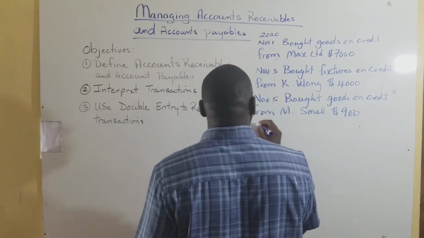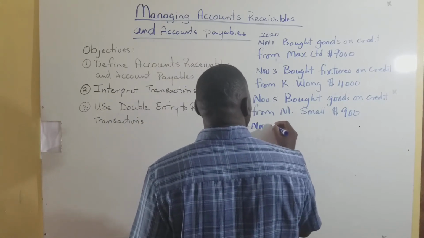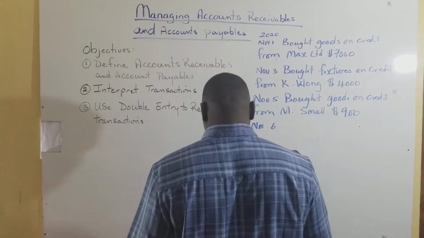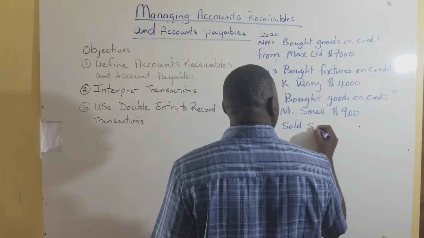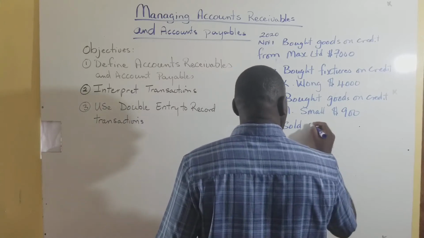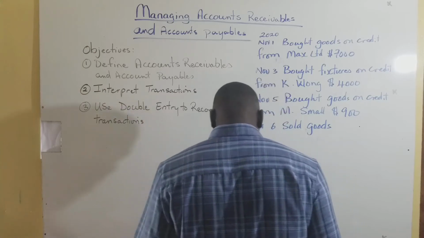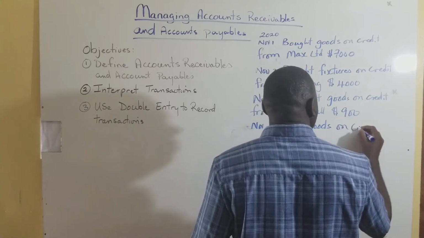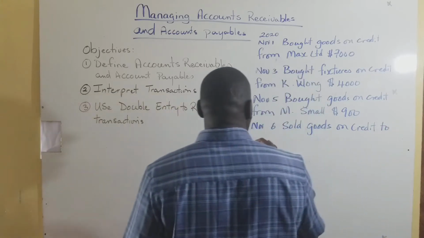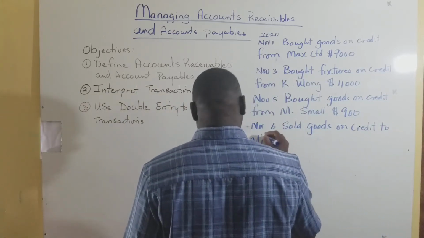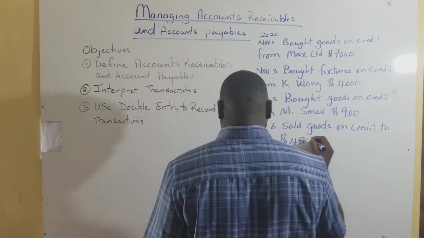We're continuing. November, let's say November 6, we sold goods on credit to Mills, $450.